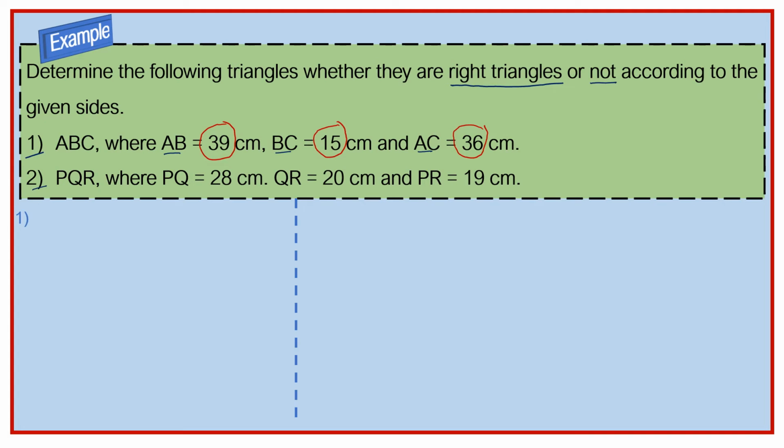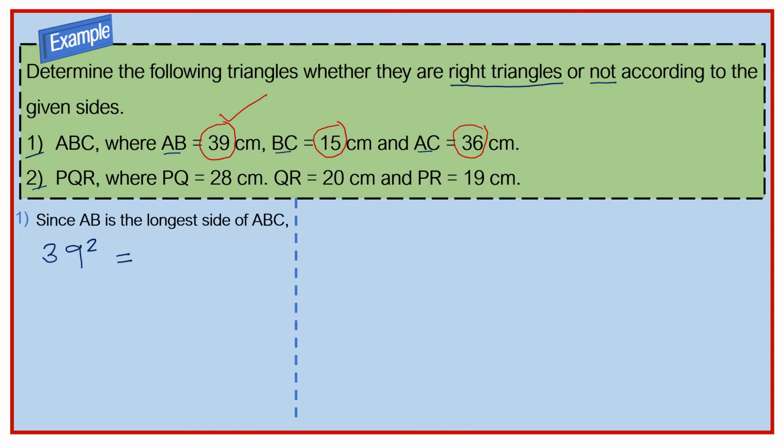Remember, the hypotenuse is the longest side. So it means that AB, which is 39 centimeters, is the hypotenuse. Since AB is the longest side of triangle ABC, we can say 39 squared.